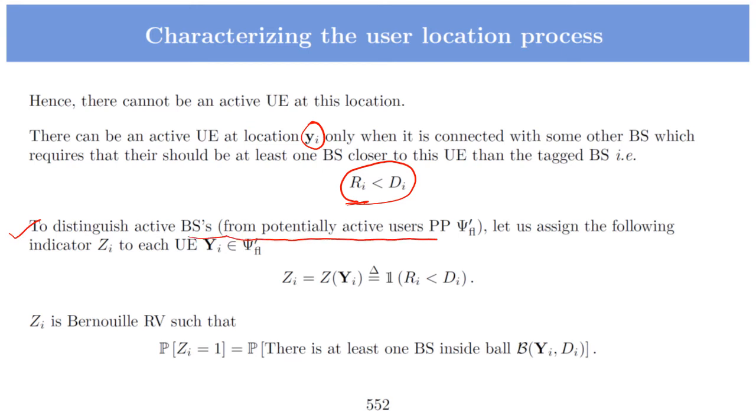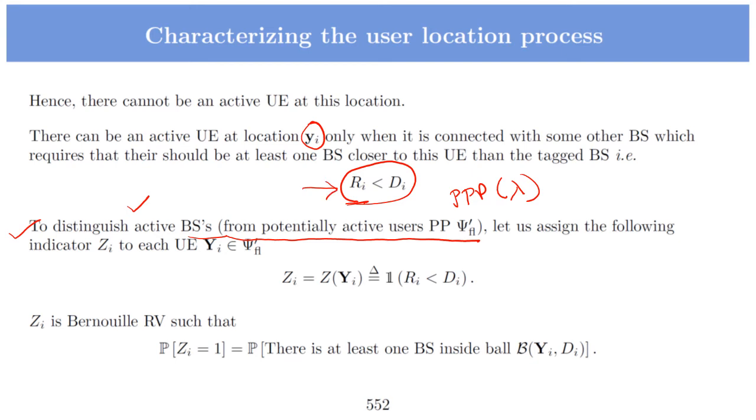So distinguish the active user base stations from the potentially active users. Remember, the potentially active users we modeled using a PPP of density lambda. From these users, we will remove some of the users which do not satisfy this condition.